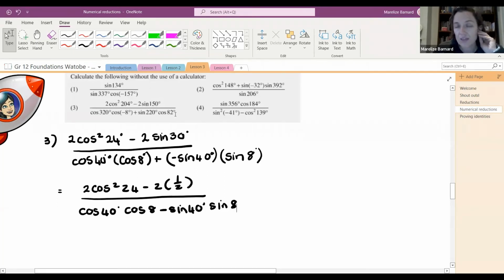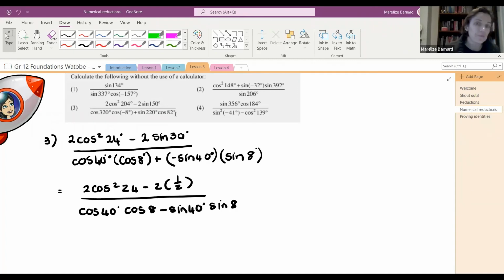And then cos of 82, we start to notice that we've got cos 40, cos 8, sine 40, sine 8, sine cos 82, and it's starting to look like a compound angle expansion. So that's why we then use the 90-degree rule to change cos 82 to sine of 8.